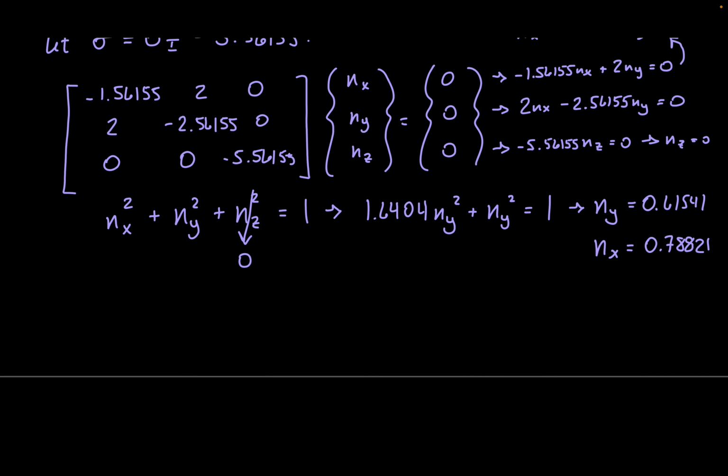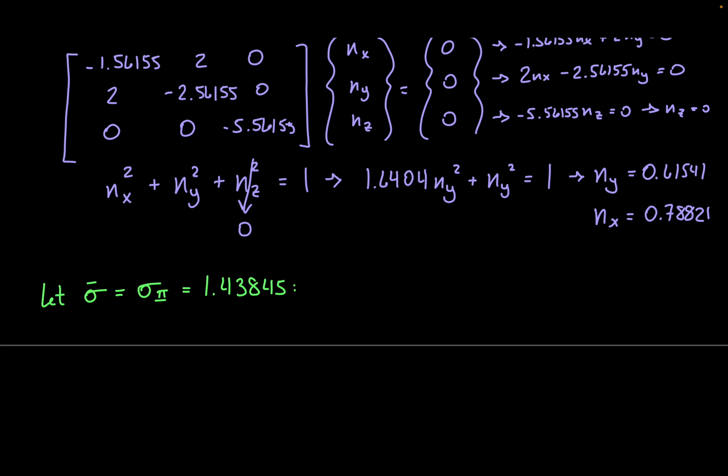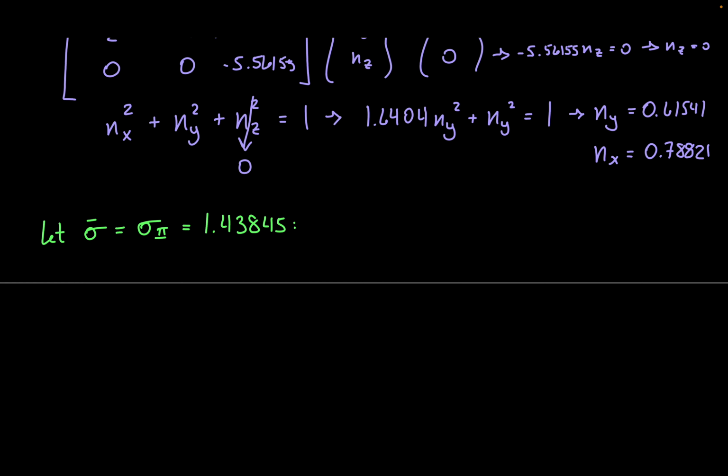So now we can solve for sigma 2. So I'll grab a different color here, and we'll say sigma bar is going to be equal to sigma 2, which is equal to 1.43845, and we'll pretty much solve in the same format that we did before. So we'll set up our matrix, we'll do the subtraction, and we'll essentially keep on going through.